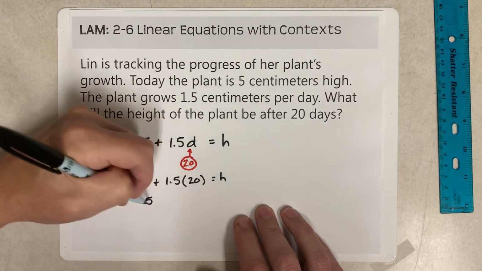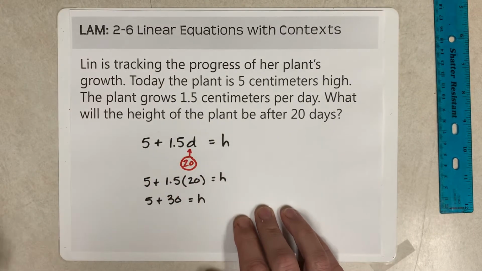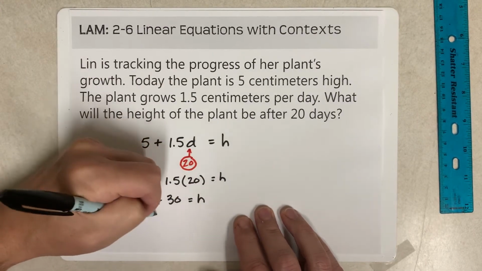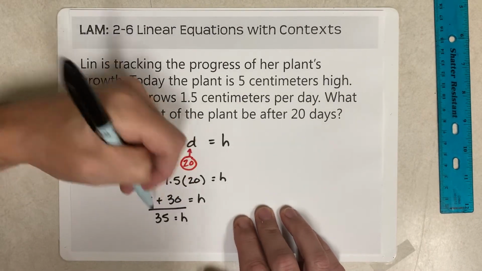So 5 plus 30 is equal to H. And so after 20 days, 30 plus 5 is 35. We're going to get a height of 35 centimeters.